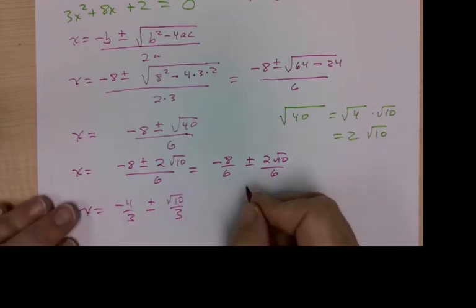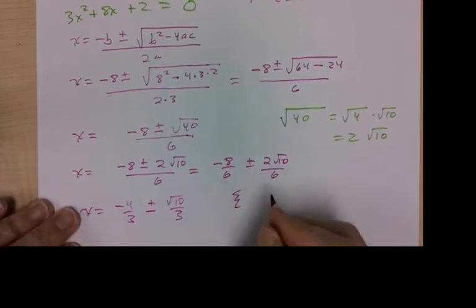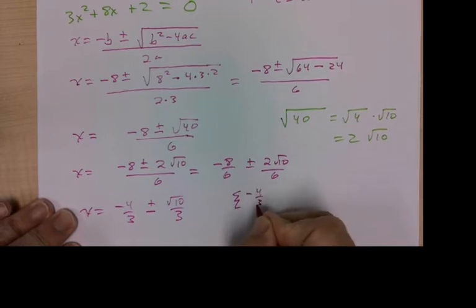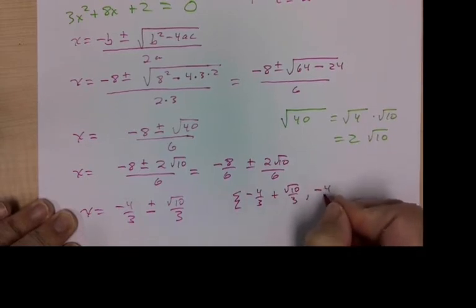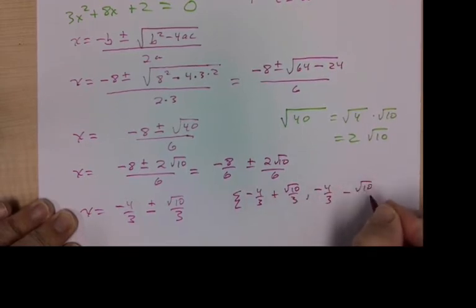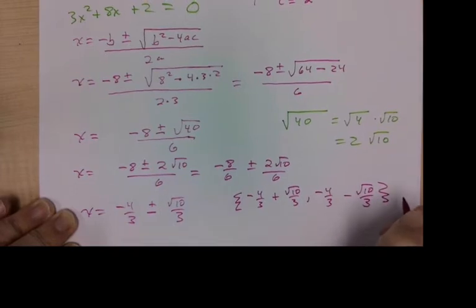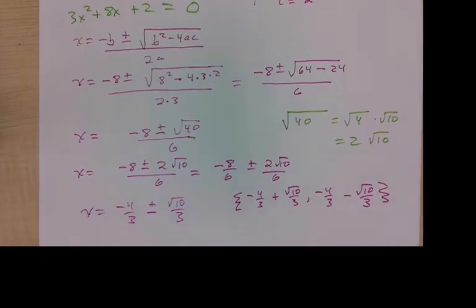So I have two answers. I like to use curly braces. We'll have negative 4/3 plus root 10 over 3, and we have negative 4/3 minus root 10 over 3. Is that one. So our next question is an algebraic fraction.